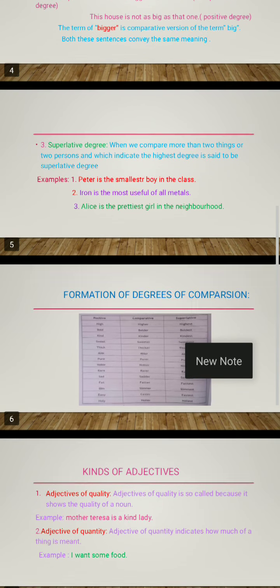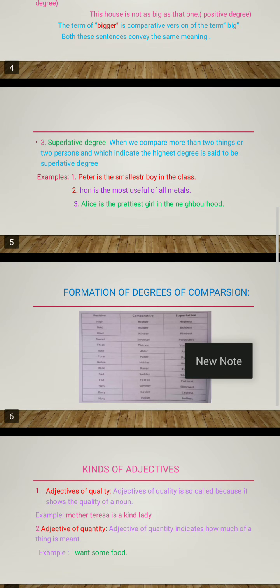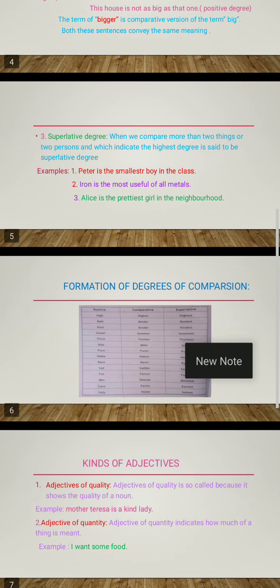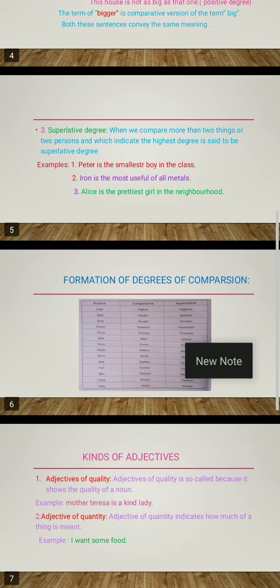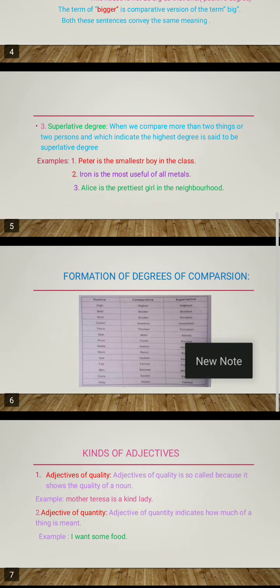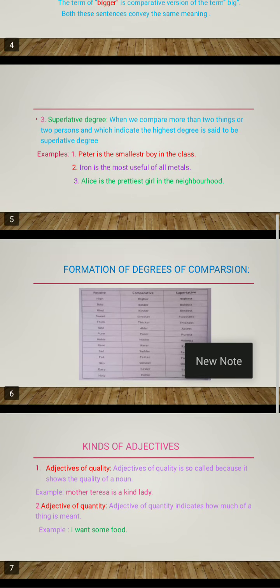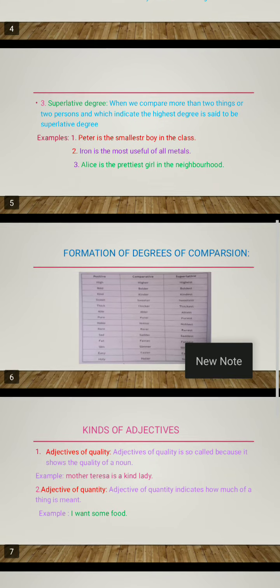In comparative degree you always see the adjective ending in er. Okay, big, bigger, great, greater. Big is positive, bigger is comparative, like that you have to remember.